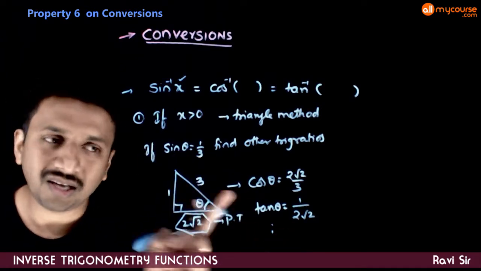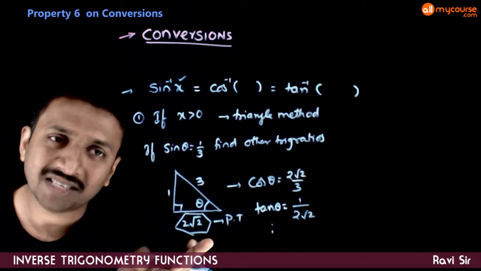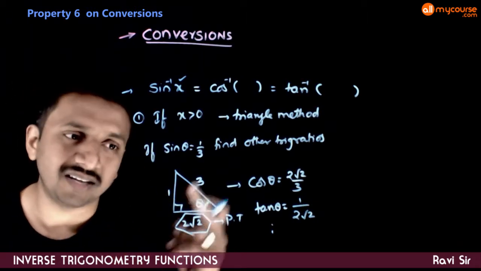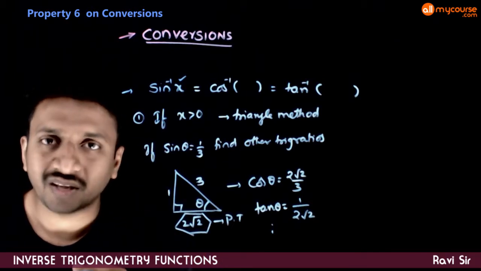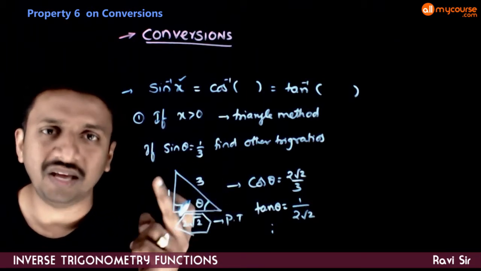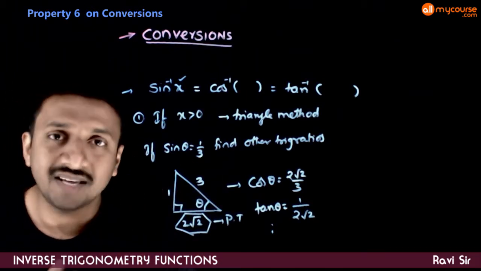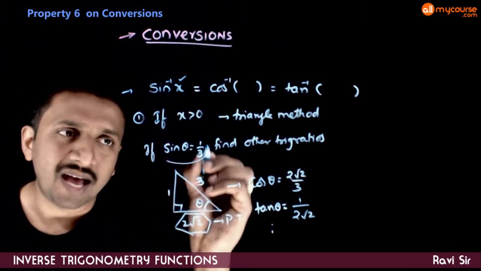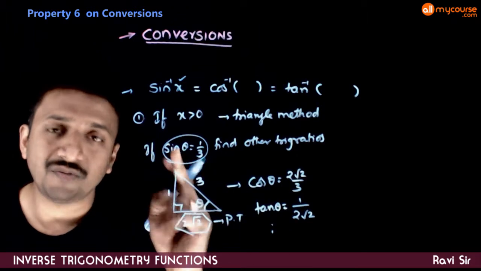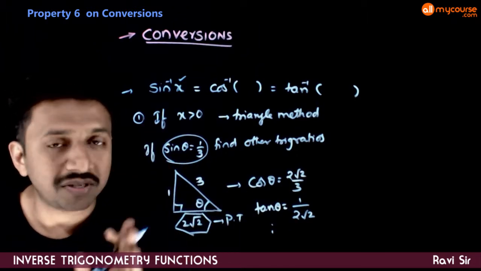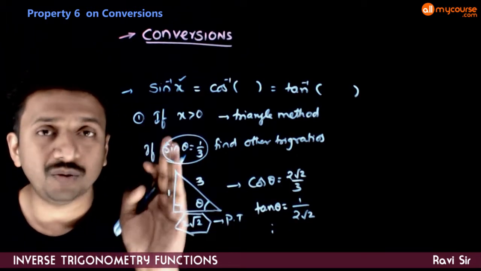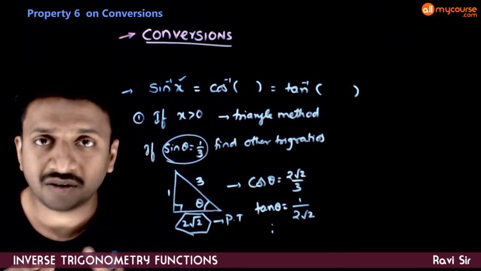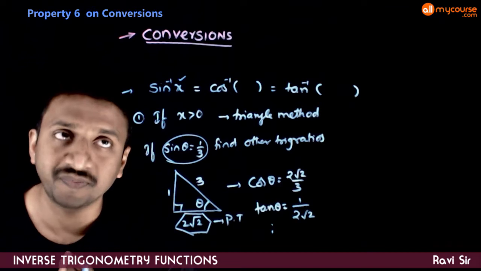If you want cot theta, you go adjacent side by opposite side, 2 root 2 by 1. If you want secant theta, 3 by 2 root 2. If you want cosecant theta, 3 by 1. This is the triangle method, which helps you in finding the remaining trigonometric ratios if one of them is given. Now the same triangle method will be useful in conversions from one inverse trigonometric function to another.